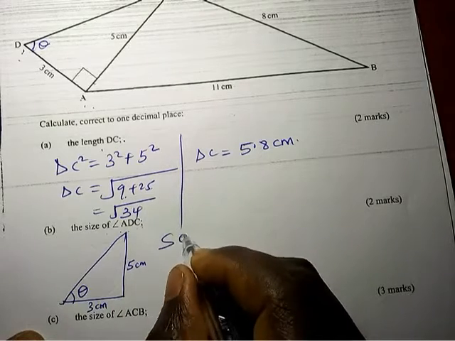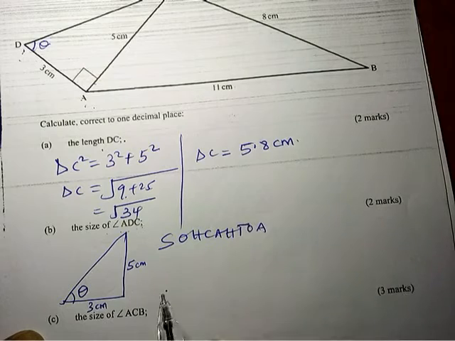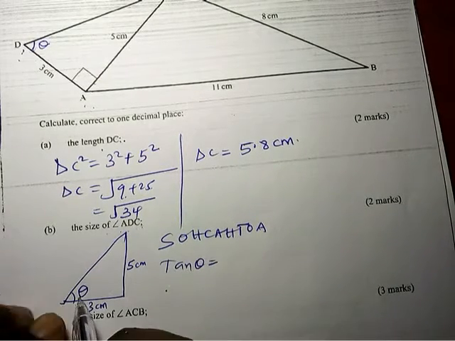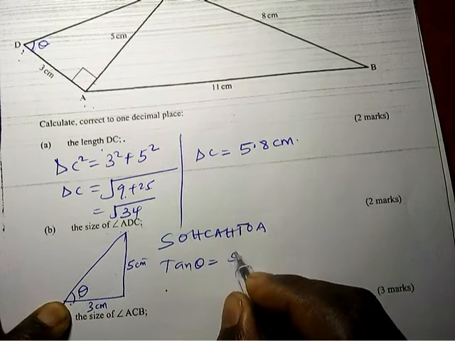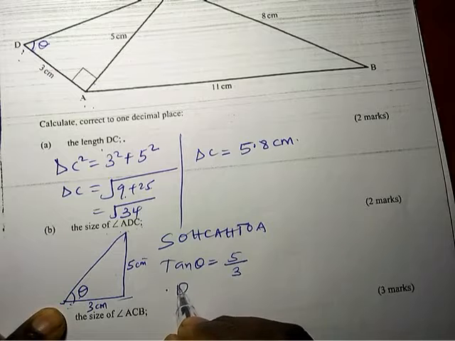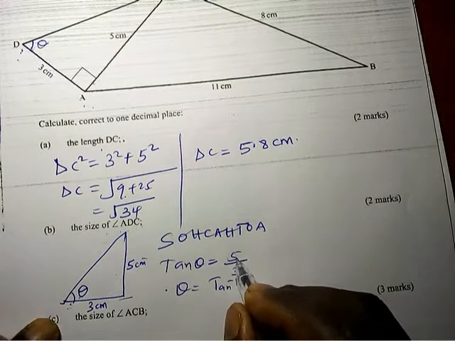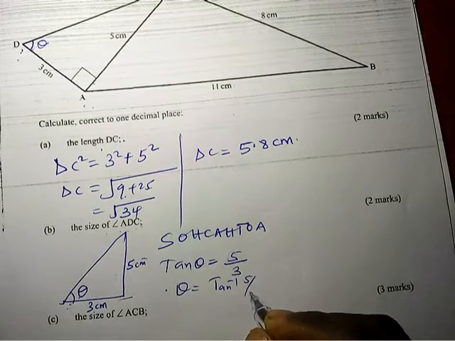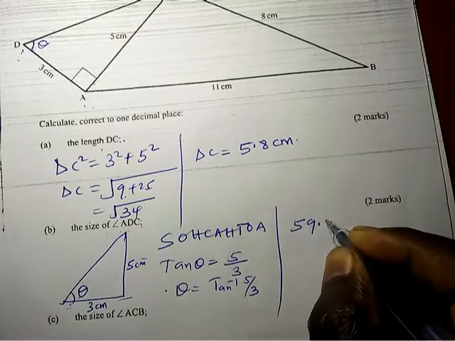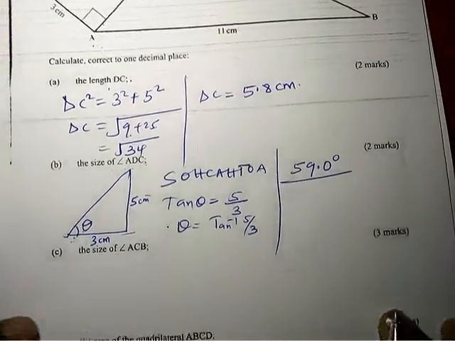We use SOHCAHTOA. So we use tan theta. Tan theta is equal to opposite, which is 5, over adjacent, 3. So theta is equal to tan inverse of 5 over 3. And this will give us 59.0 degrees.